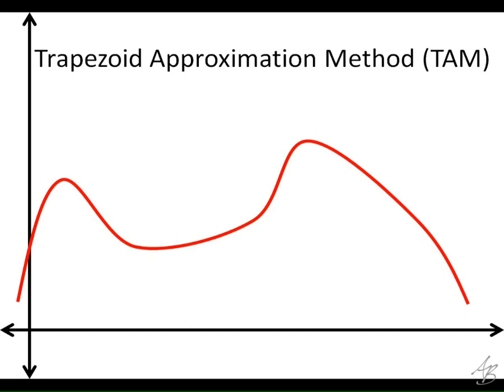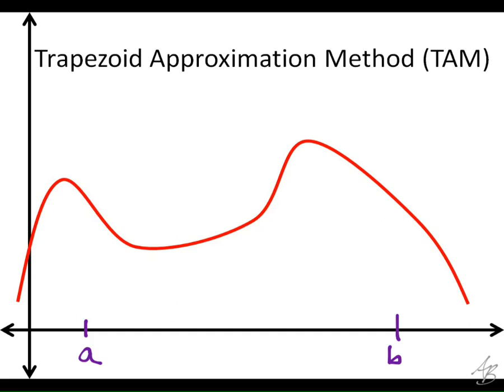So, I just want to give you an idea of what the trapezoid method looks like. We've already looked at this a little bit. Feel free to take notes on this if you want, but you certainly don't need to. But let's say that we want to approximate the value of the integral of this function from a to b.